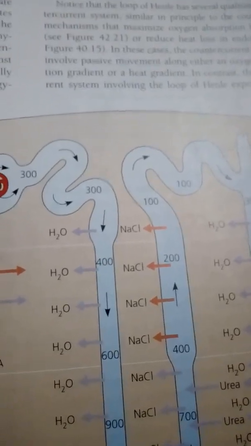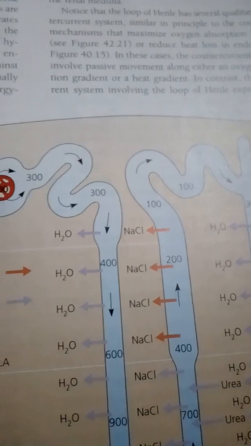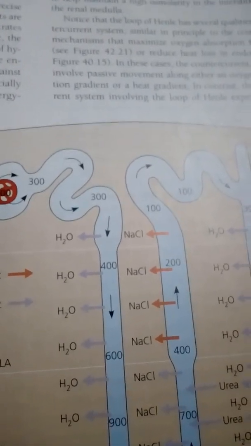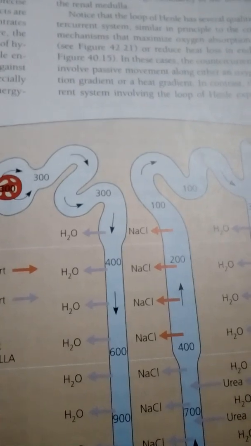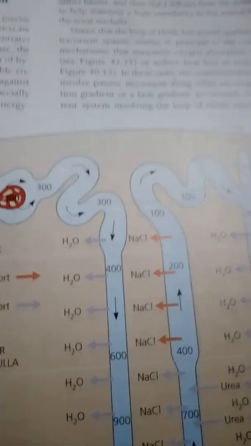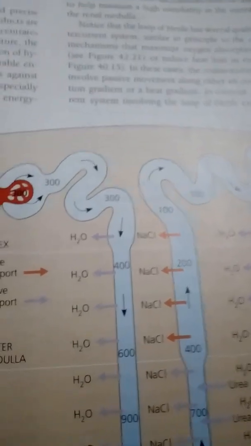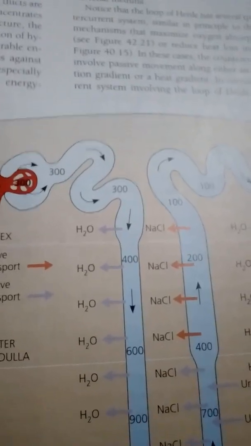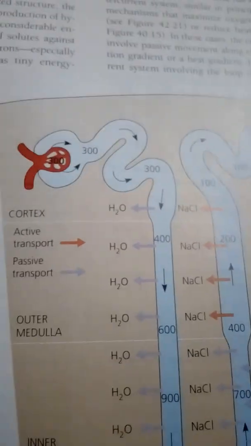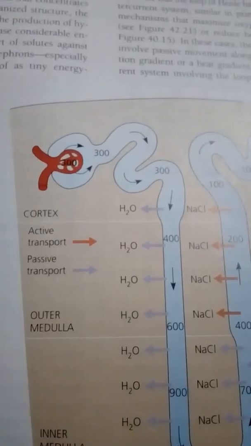As filtrate ascends in the thin segment, NaCl, which became concentrated in the descending limb, diffuses out of the permeable tubule into the interstitial fluid. This movement increases the osmolarity of the interstitial fluid in the medulla.